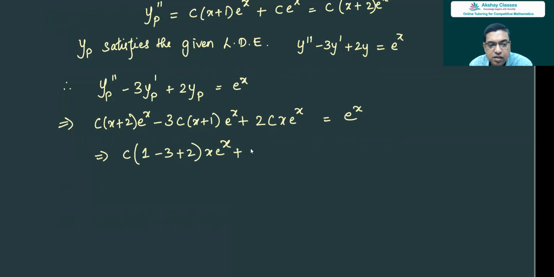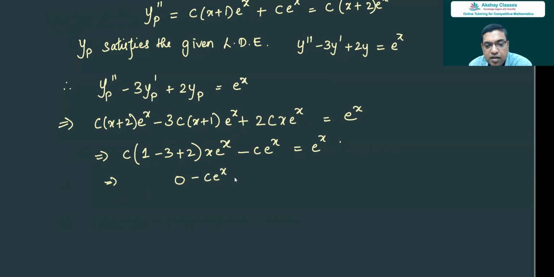In constant terms, 2c e^x minus 3c e^x, that is minus c e^x. The x e^x term automatically goes to 0 irrespective of c, since 1 minus 3 plus 2 is 0.